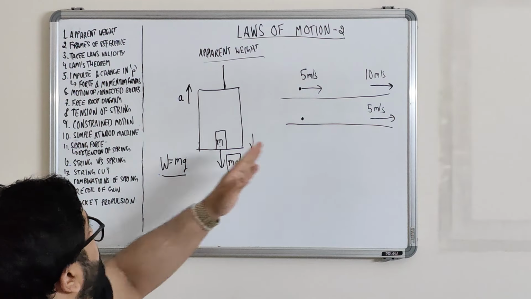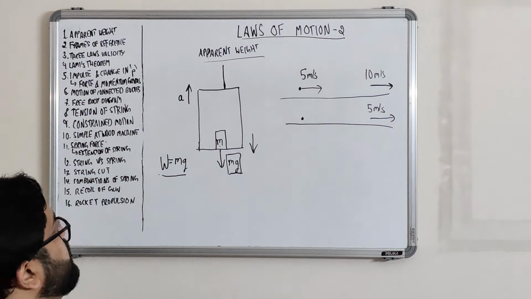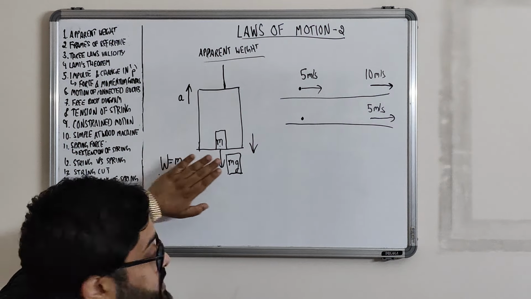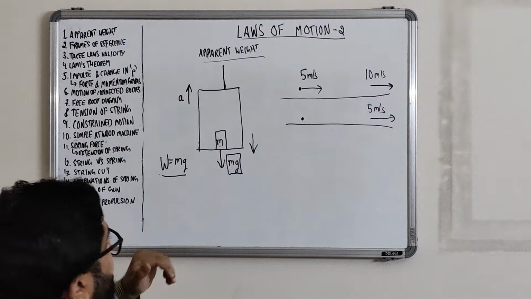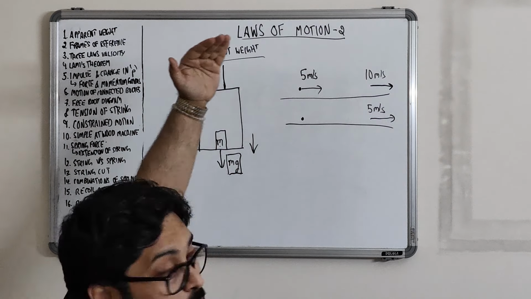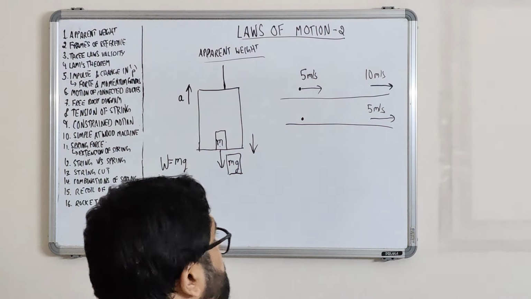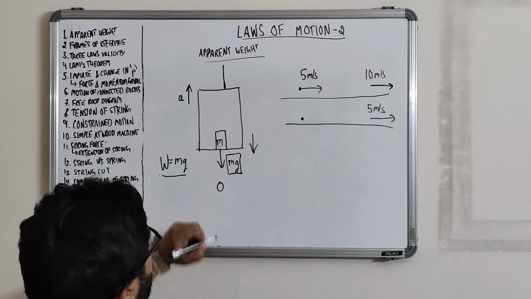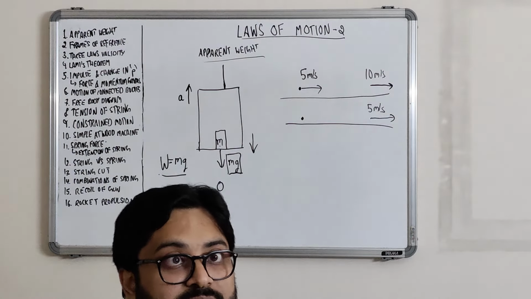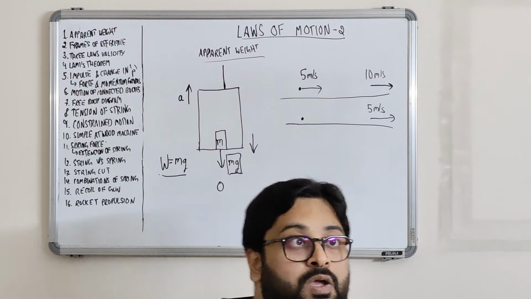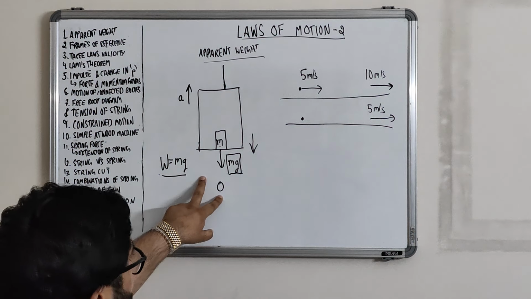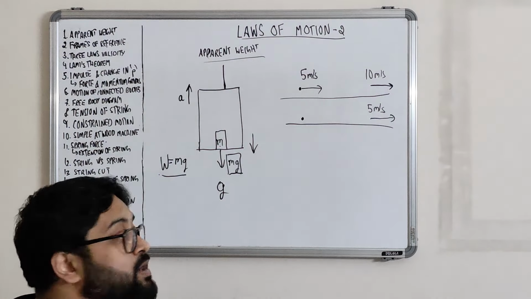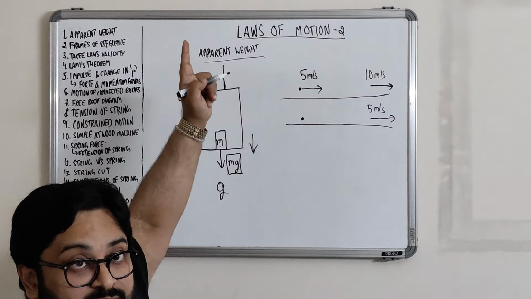Now apply that to this lift. You are at rest, forget about this weight right now, and you are moving up, but according to you the world is moving down. Whatever your weight was, it was 0 because of acceleration due to gravity g, but now you are moving with an acceleration upwards.